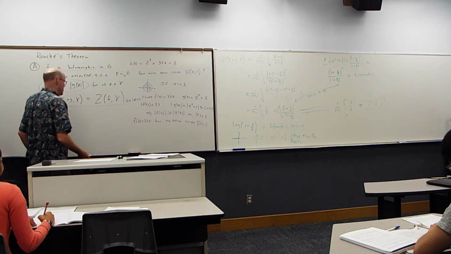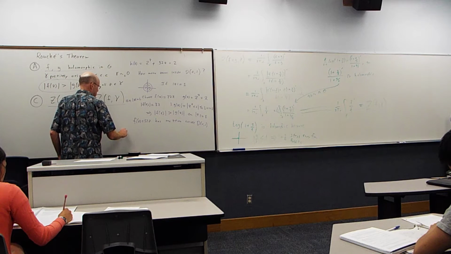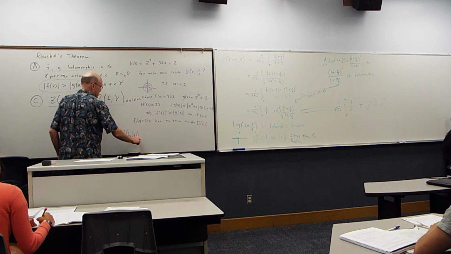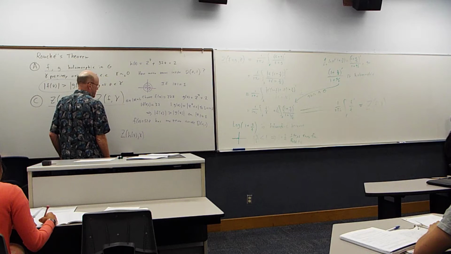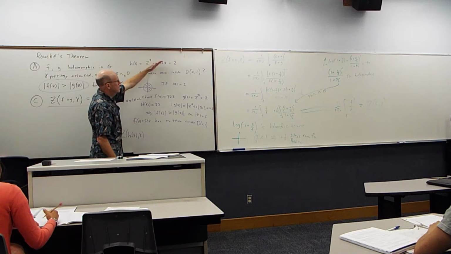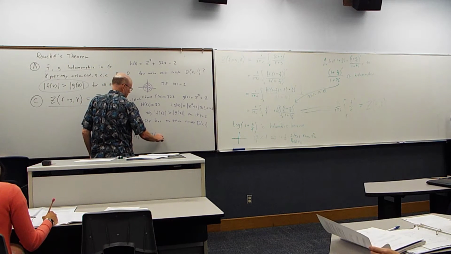Okay, h has 1 zero. So the number of zeros of h(z) inside gamma: h(z) is just f plus g, right?